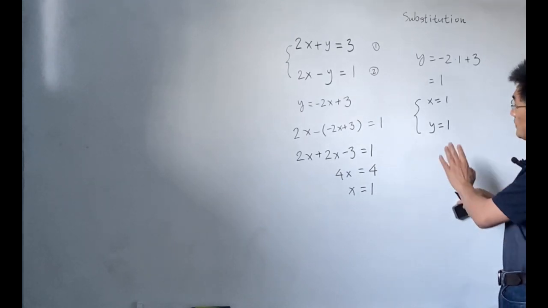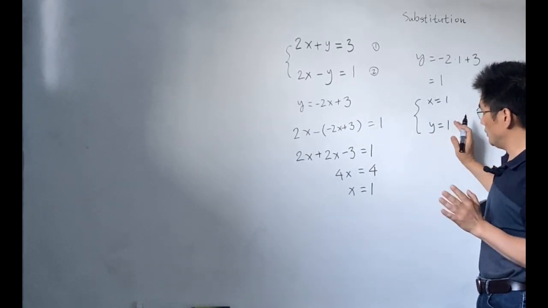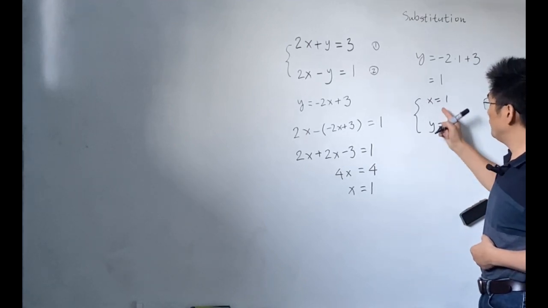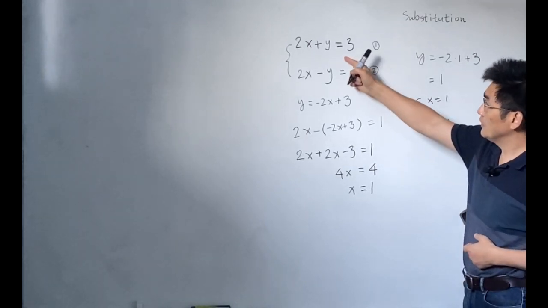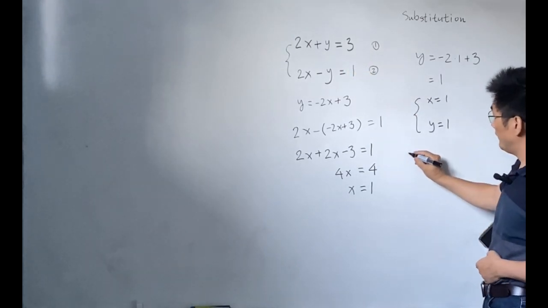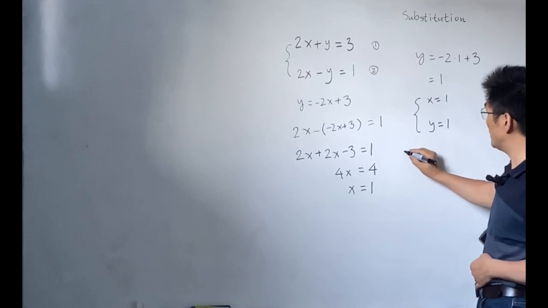And sometimes you get a solution, right? If you don't know if the solution is right or not, you can check it. If you plug both x and y into both equations, you'll see that they'll both work. If they don't work, that means the solution is not right.